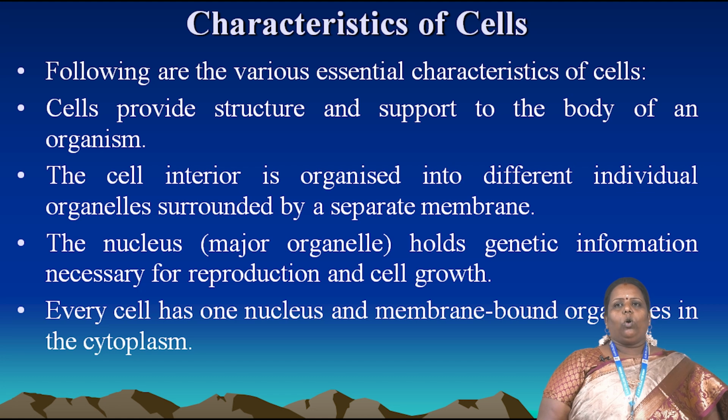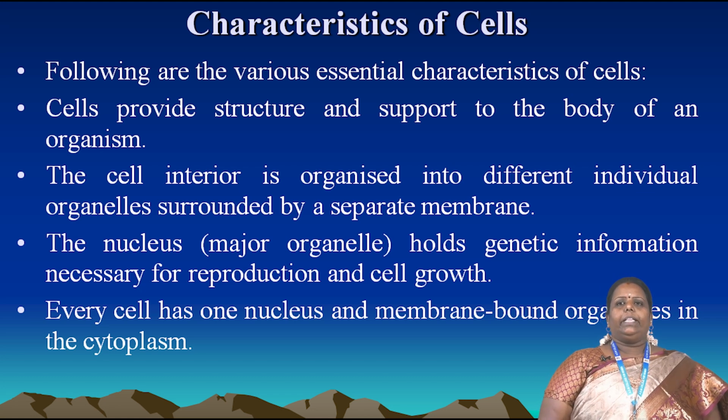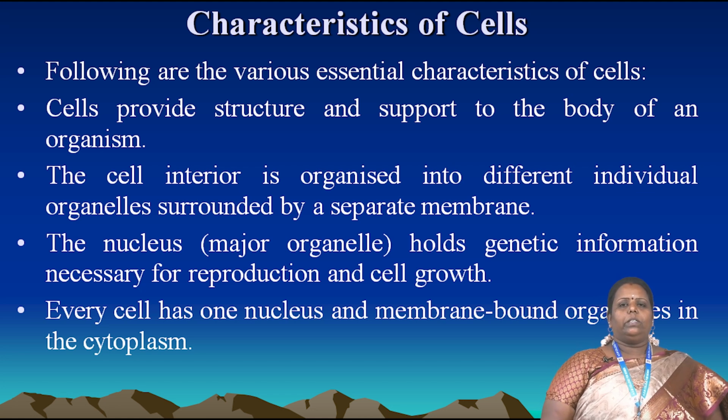After that, various essential characters were identified, and they identified the cell interior, including the major role of the nucleus. Normally the nucleus is the major cell organelle, containing the genetic information necessary for reproduction and cell growth. Why these reproductive cells?